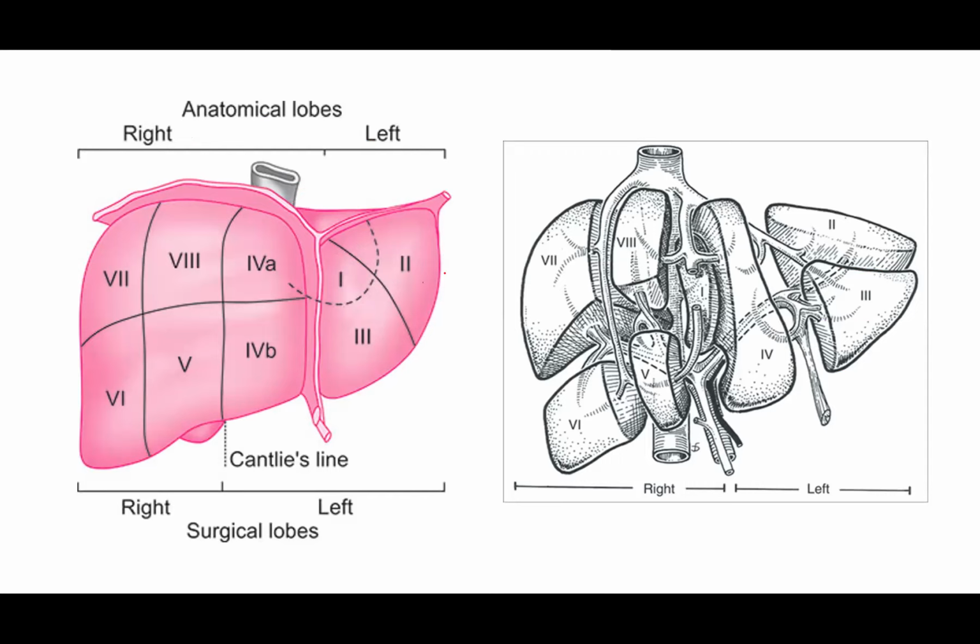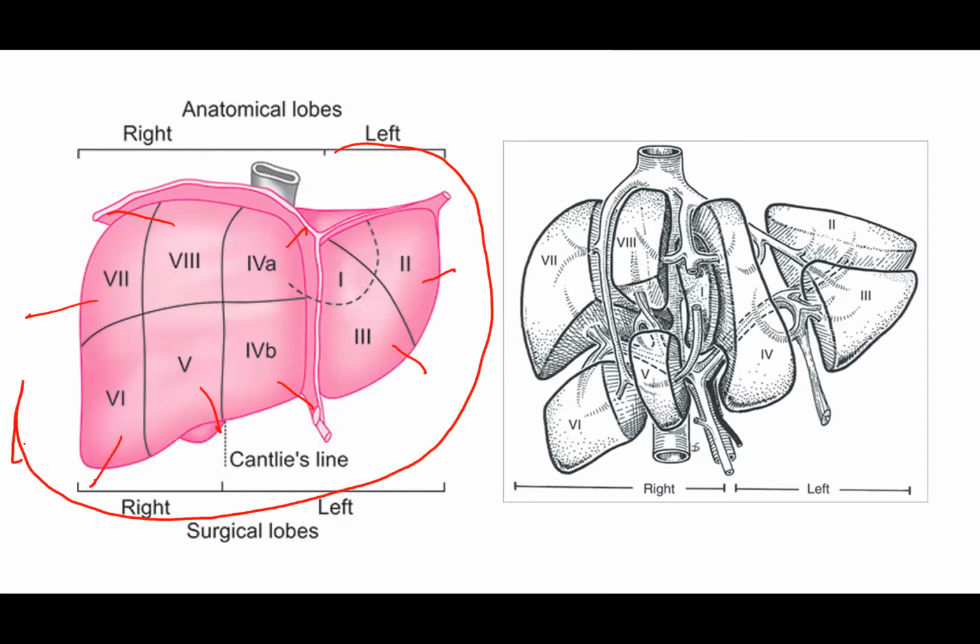You can see 2, 3, 4A is superior, 4B is inferior, 5, 6, 7, 8. Don't forget, it is counted in a clockwise manner, okay?